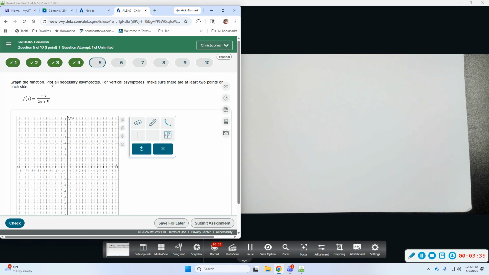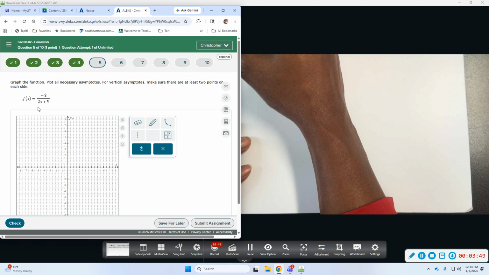This one says graph the functions, plot all necessary asymptotes. For vertical asymptotes, make sure there are at least 2 points on each side. All right, so we're going to graph this function. We're going to start with asymptotes.